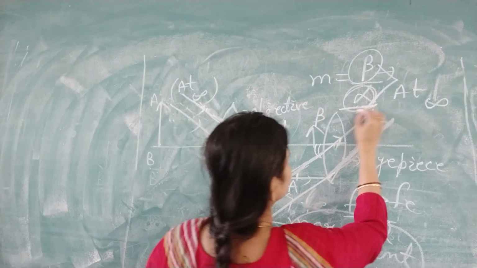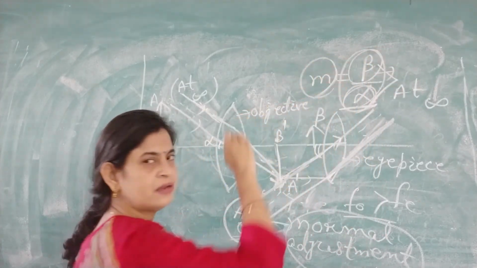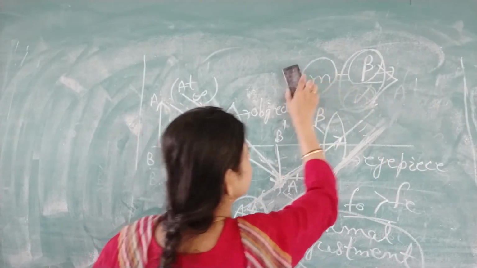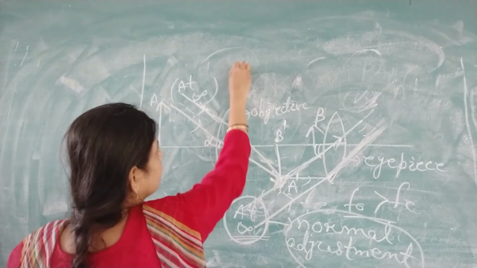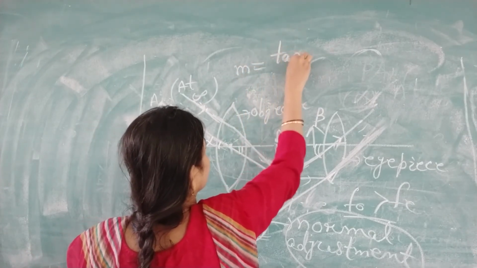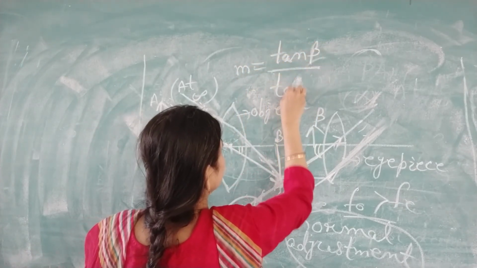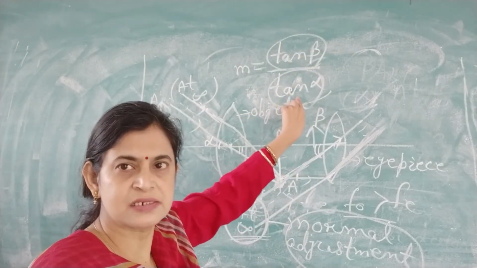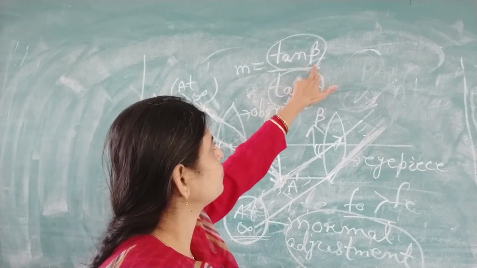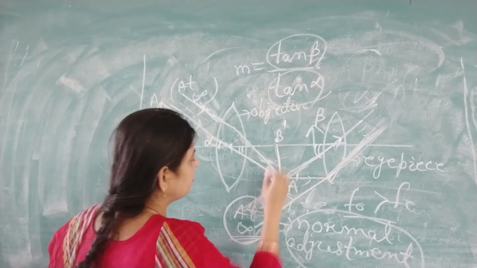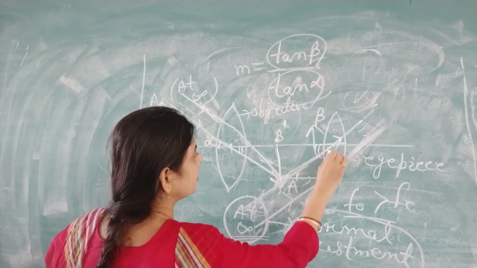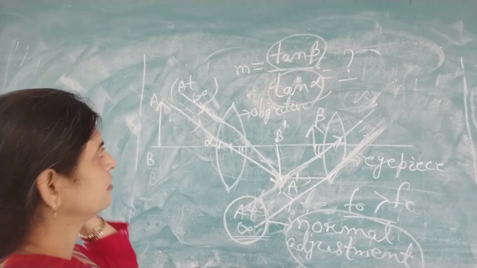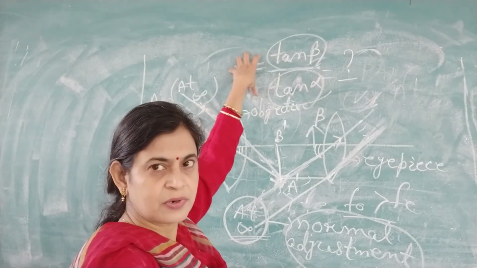Now, if you want to find out the value of your magnifying power, then you have to find out the value of tan beta and tan alpha, because beta and alpha both are here very small angles, so that we can replace them by their tangents. Now you can find out the value of tan beta and tan alpha by considering the respective right angle triangles, so that you can finally find out the formula.